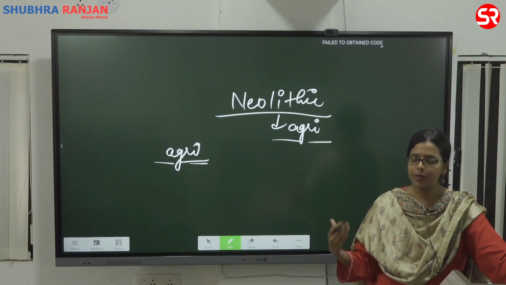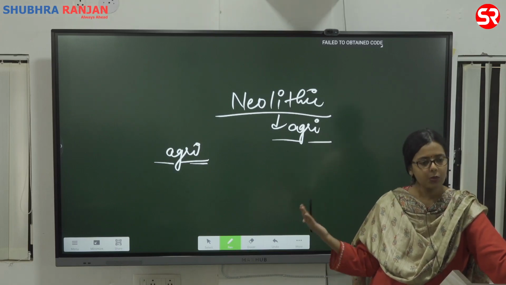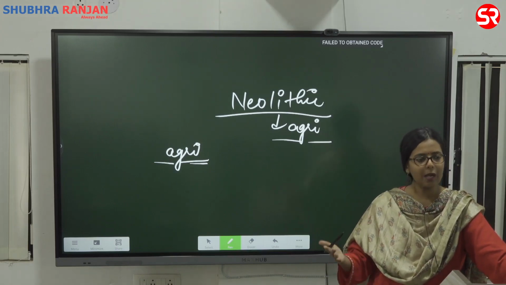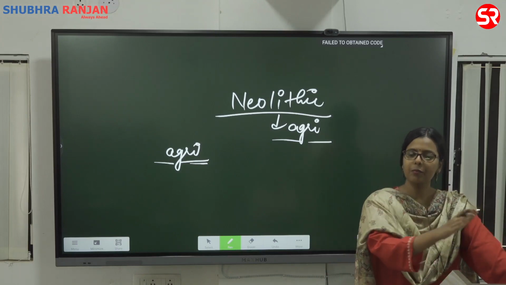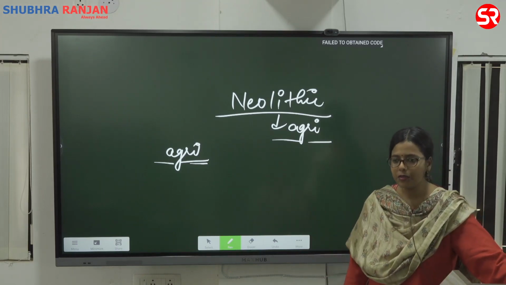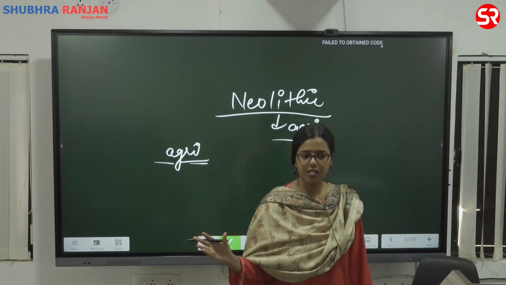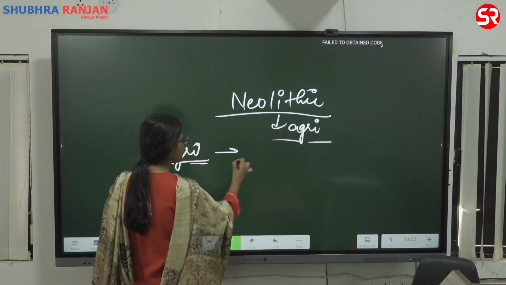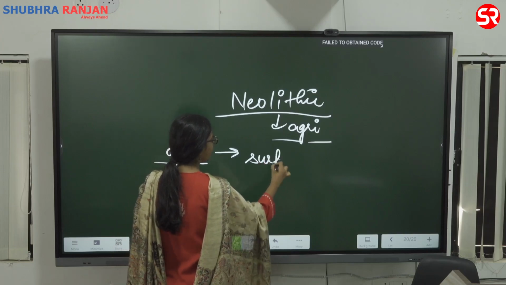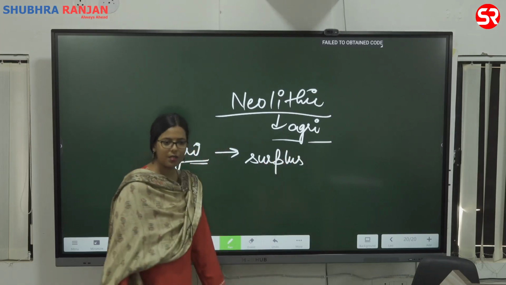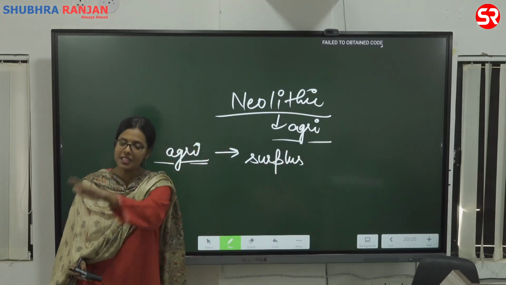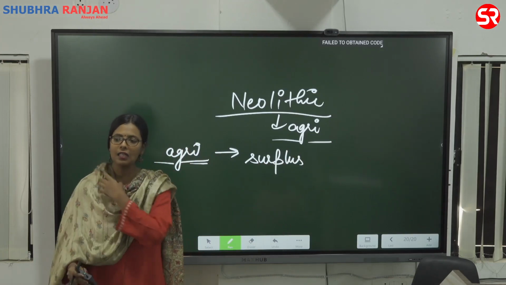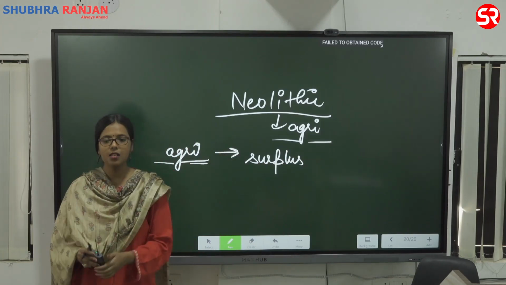Okay, so when you are producing, the earth was fertile, so what will happen? This lot can produce enough for all of you. So the extra production that they don't need will be called surplus. This is surplus. Okay, so what are these people going to do? And what are we going to do with this surplus?